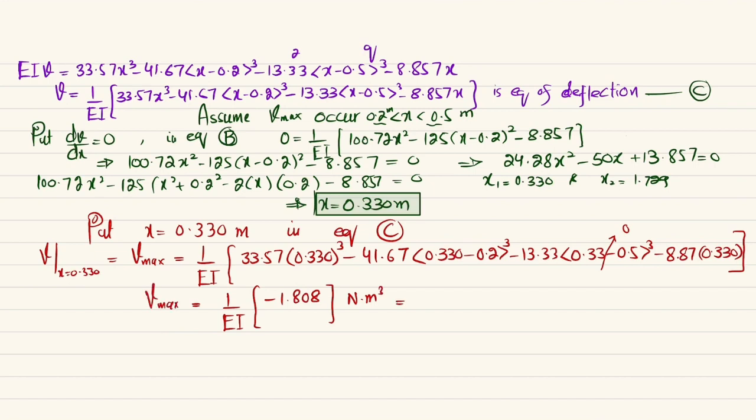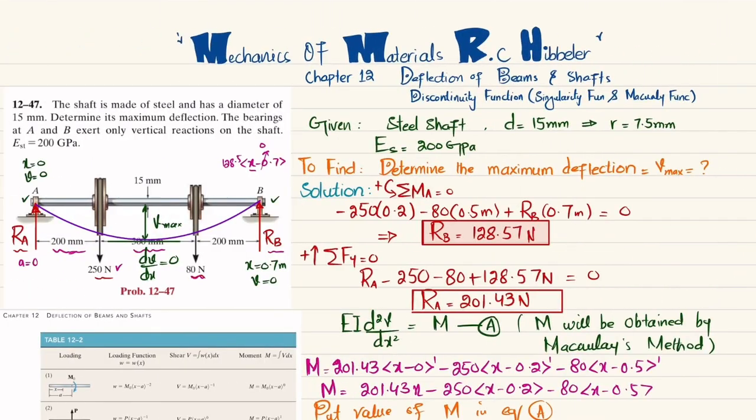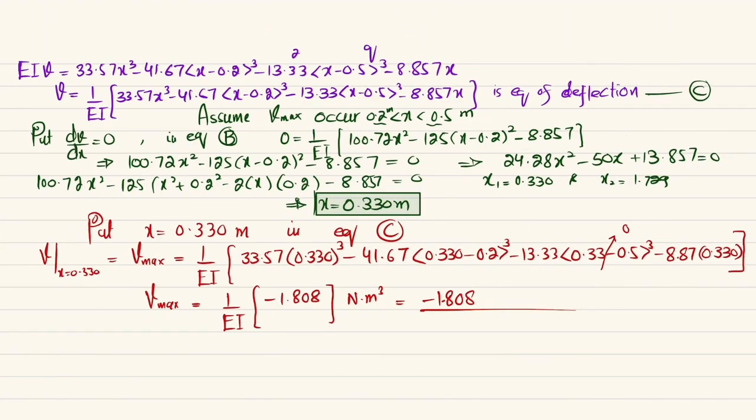Now you have the value of E as well, so minus 1.808, and the value of E is given as 200 gigapascal and the diameter is given. We will convert it into meters. So E is 200 gigapascal, so 200 into 10 raised to power 9 pascal, multiplied by I for a circular rod, which is pi by 4 r power 4, and r is 0.0075 meter, power 4.